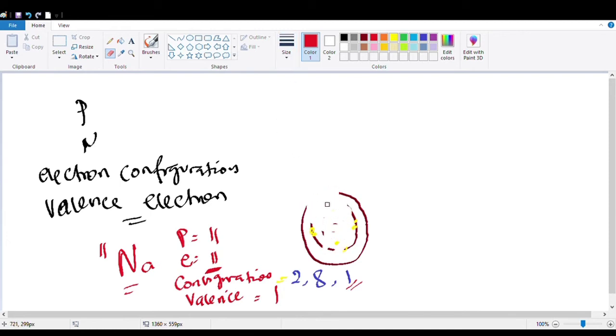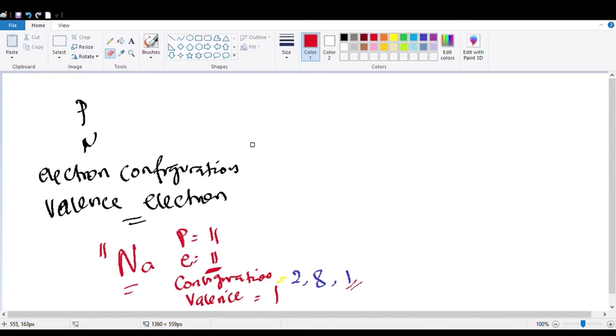Before you go to the interaction of the atoms, or we call it bonding: the element has an ability to bond with other elements to make them stable.